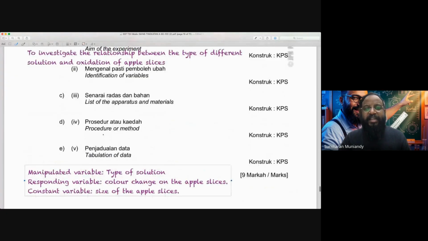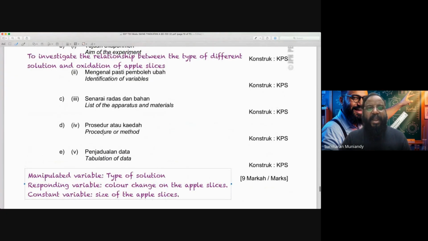Next one, list the apparatus and materials. Okay, we are done with this. So they gave us two things, apparatus and materials. So I will go for my apparatus first. Over here I will write apparatus.